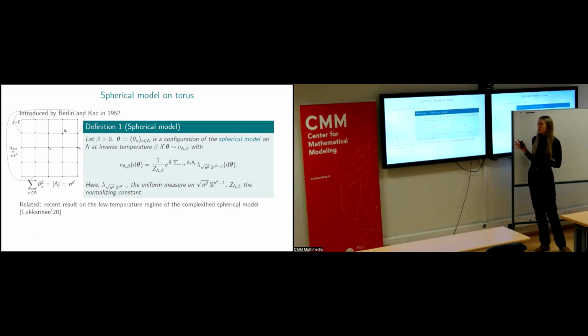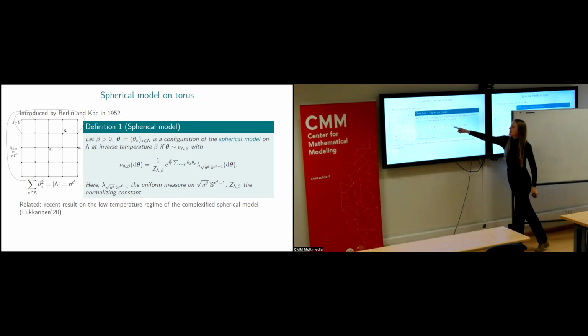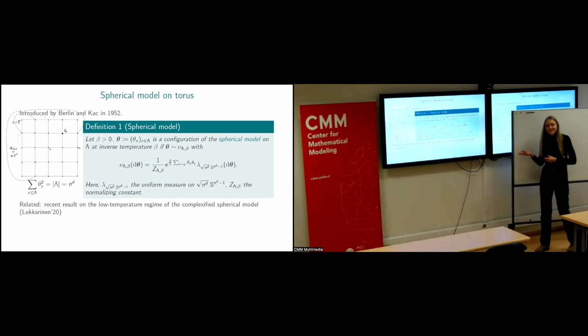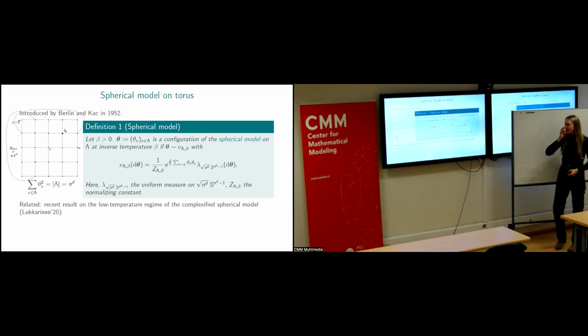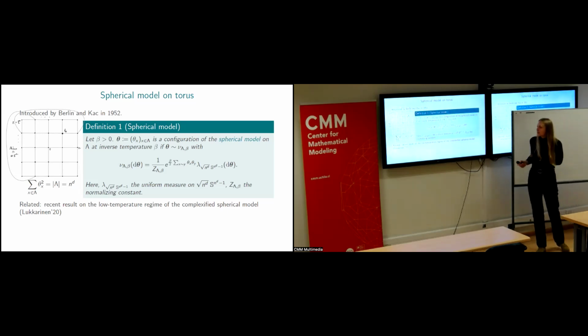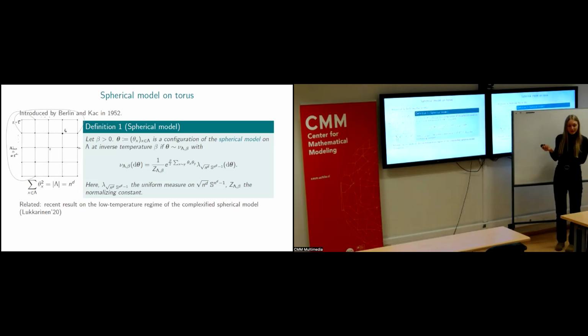This model also can be complexified in some sense, in the sense that here theta is considered to live in C instead of R, and one modifies the measure slightly. The author is Lukainen, and the paper is from 2020.